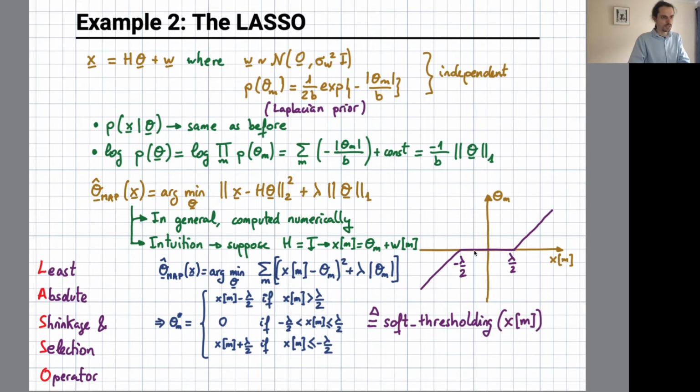And this flat region, setting the small ones to 0, is what one can call selection. So this is why it's called shrinkage and selection. So this has the effect of making the estimate sparse.